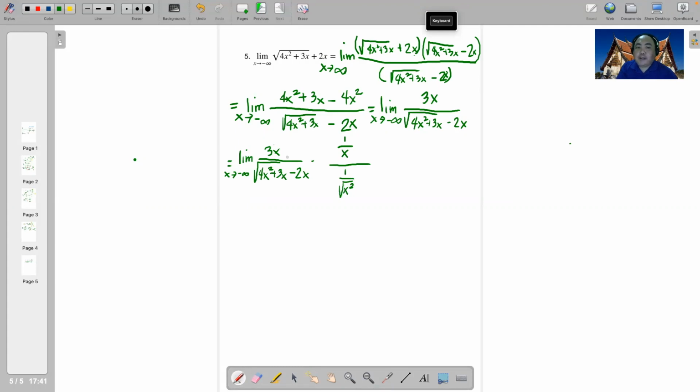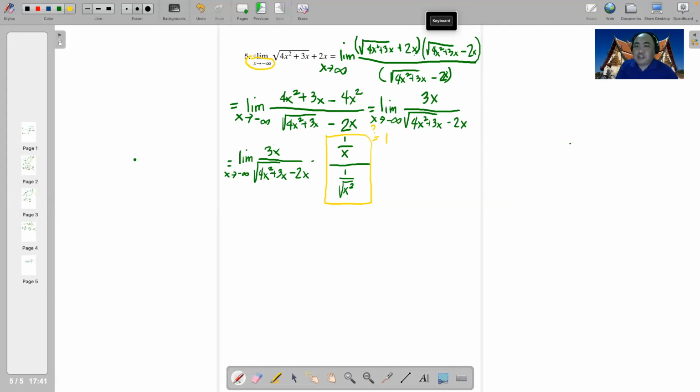But again, realize that this, is this equal to 1? Before we can do this, we always have to check, is this equal to 1? Remember that we are evaluating values of x that are negatively large.